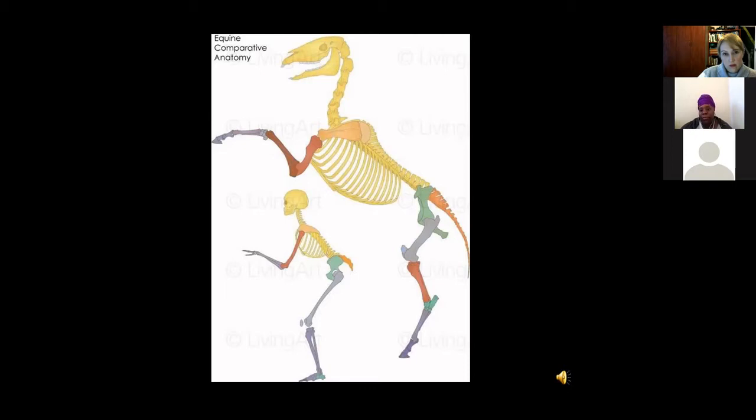What you do, whether you hop, whether you skip, whether you run, whether you climb, form follows function. But the basic structure of the bone stays the same. And if you know the basic structure of the mammal bone, you will definitely be able to identify animal bones in the field or in the lab.